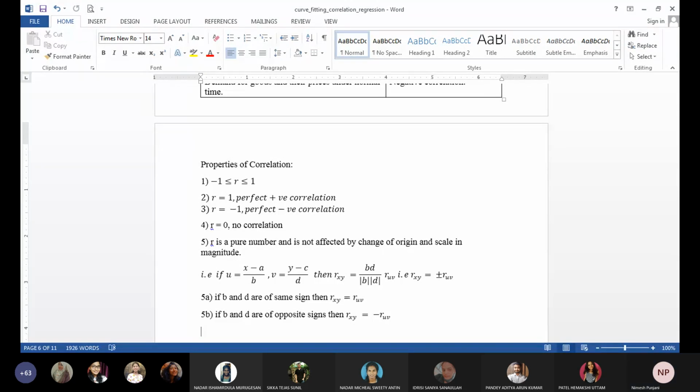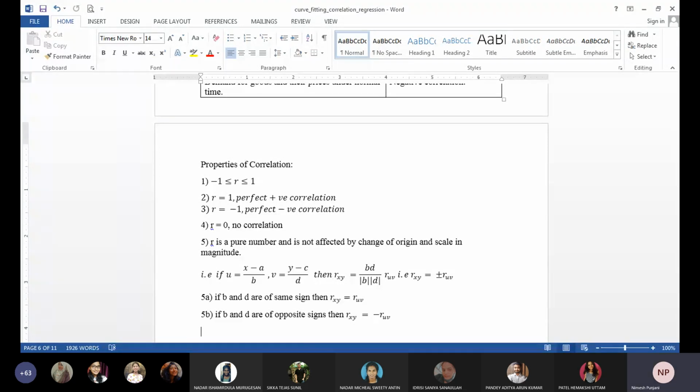That means r xy will be plus or minus r uv. So the change will be only in terms of sign, not in terms of magnitude.